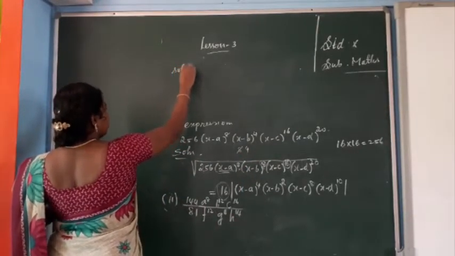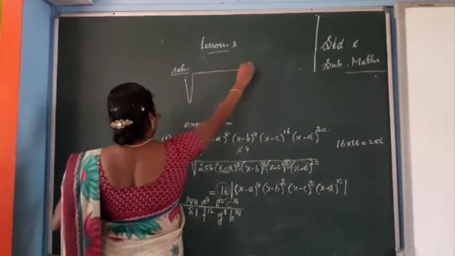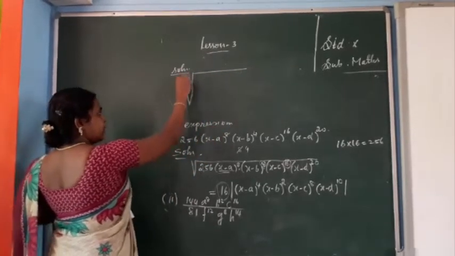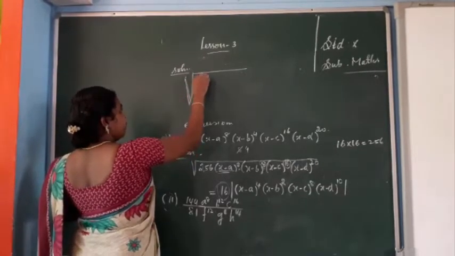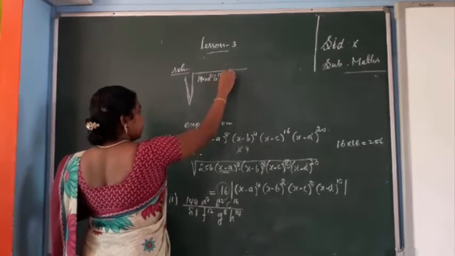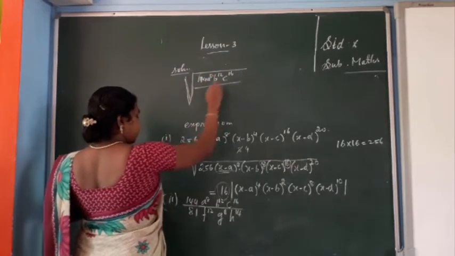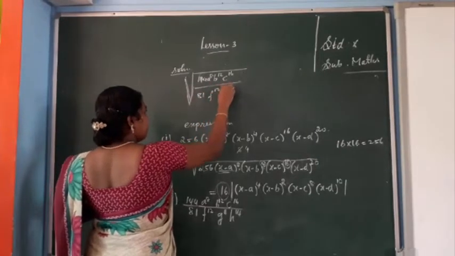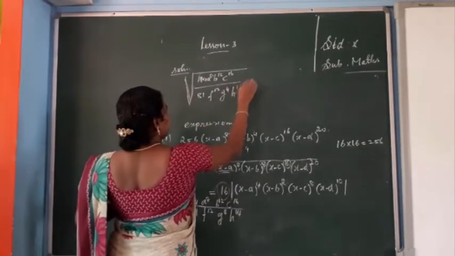Solution: square root of. Put both the numerator and denominator under the root together: 144 a power 8 b power 12 c power 16 divided by 81 f power 12 g power 4 h power 14 equal to.